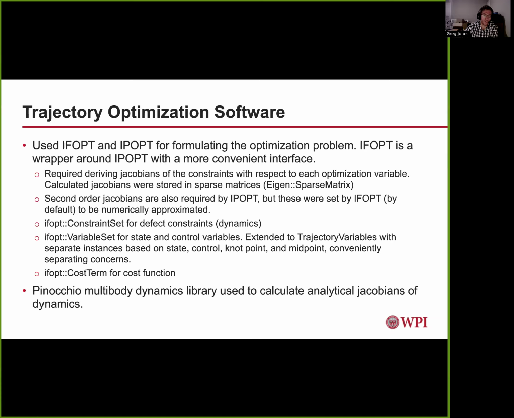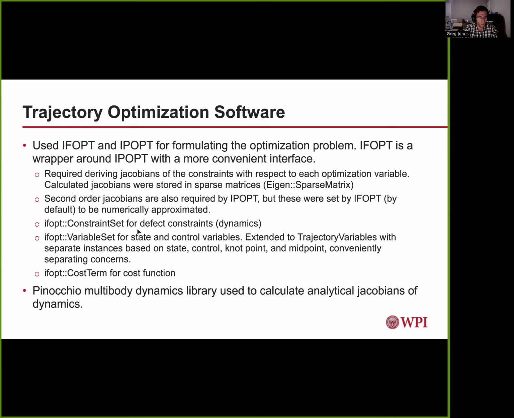So quite a large Jacobian function, but it was sparse. So a lot of the values were zero, and the details of the math behind that are in the report, but I ended up using Eigen sparse matrix to support that. And then the Hessian, or you can think of it as a second order Jacobian, was also required by IPOPT, but this was configured to be numerically approximated.